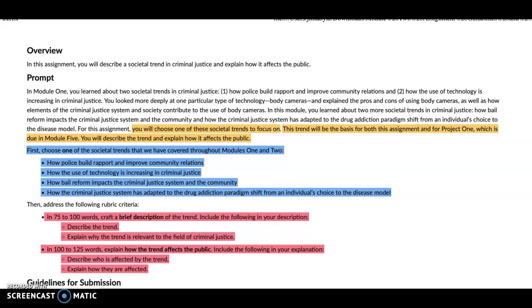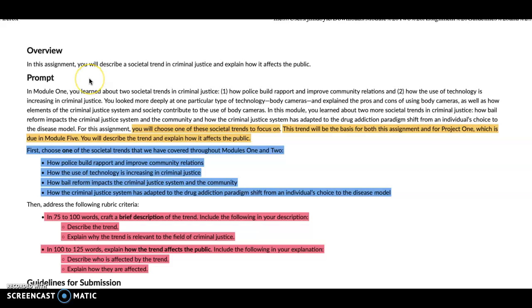In this particular assignment, you're going to describe a societal trend in criminal justice, and then you're going to explain how it affects the public. And you're going to select one of the societal trends that we have covered either in Module 1, which was last week, or this week in Module 2. And so I will highlight those here in just a minute or two.